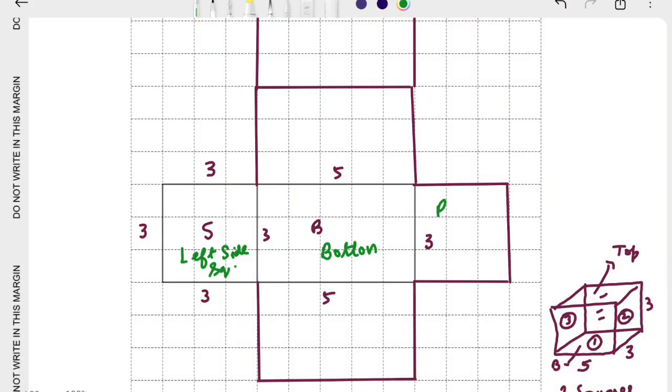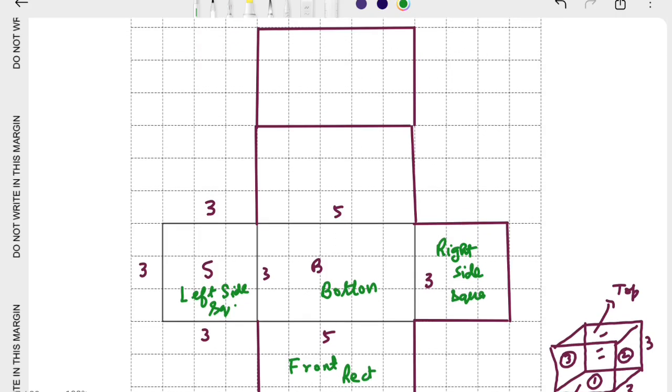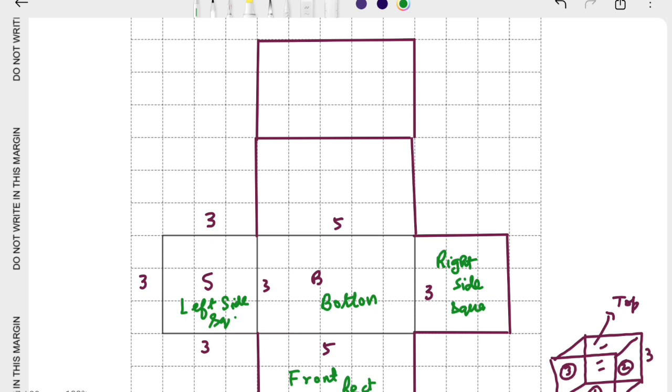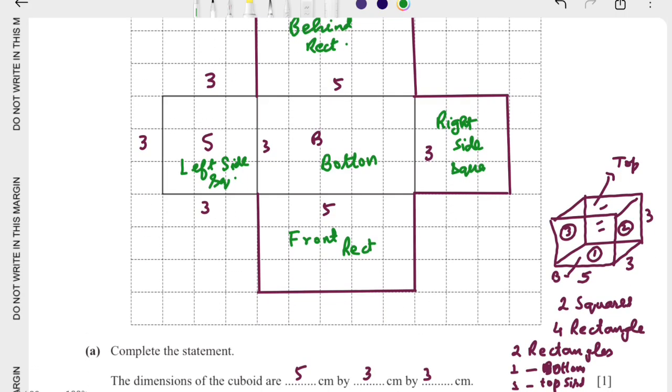This is the right side square, and this is the front rectangle, and behind this rectangle is this one, the behind one, and this is the top rectangle. So there are 6 faces for this.